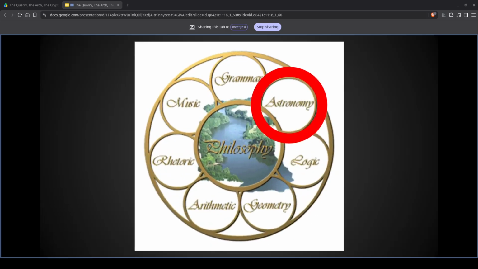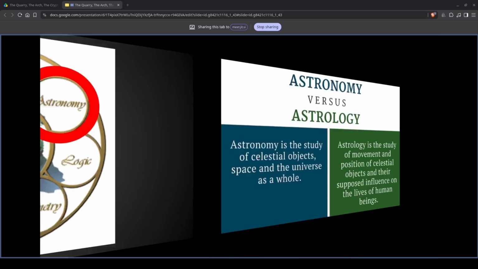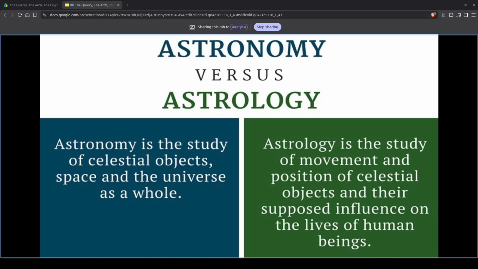Now, before we keep going, I want to make sure that everybody is aware that this is a presentation about astronomy, which is one of the 7 liberal arts and sciences. This is not to be confused with the modern concept of astrology. Astronomy is the study of celestial objects in space and the universe as a whole.